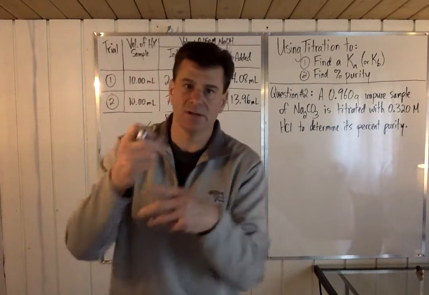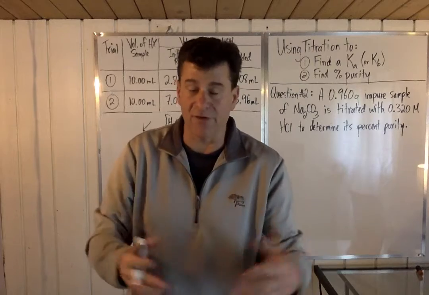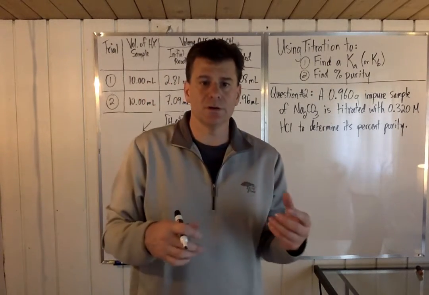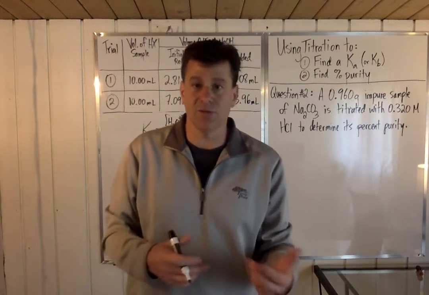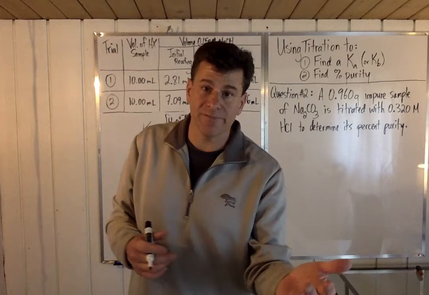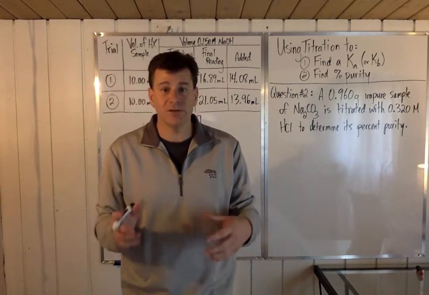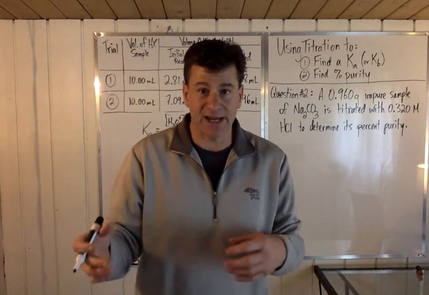So you've got this 0.960 gram chunk or powder, and it's impure Na2CO3. Right off the bat, you do not know how much of the 0.960 grams is actually Na2CO3. The titration will tell you how much is actually Na2CO3.